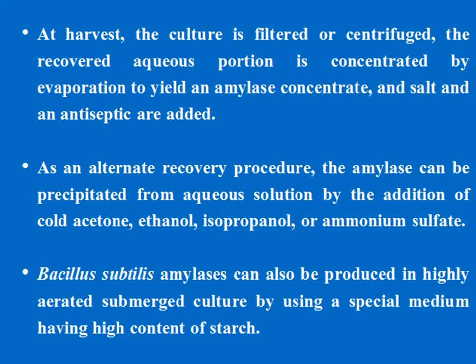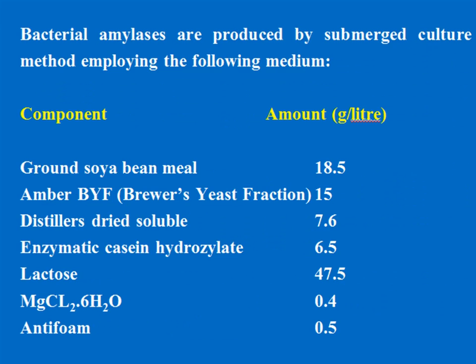As an alternate recovery procedure, the amylase can be precipitated from aqueous solution by the addition of cold acetone, ethanol, isopropanol or ammonium sulfate. Bacillus subtilis amylases can also be produced in highly aerated submerged culture by using a special medium having high content of starch.